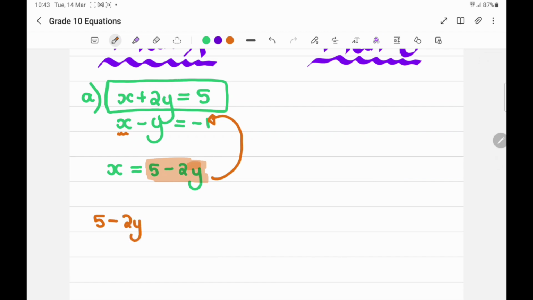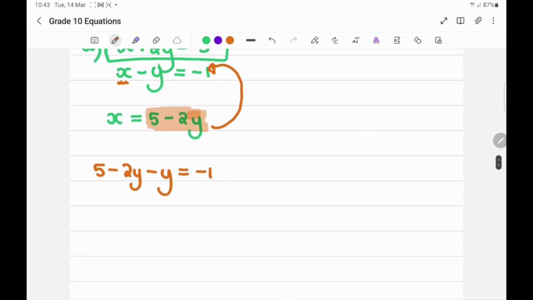I don't have to put it in brackets because it's the beginning of the sum. Although if it was in between somewhere in the sum, you would have to put it in brackets. Minus y is equal to negative 1. And then you've got one variable. And we can solve for y over here. So it's minus 3y is equal to negative 1 minus another 5, which gives you negative 6. So y is equal to 2.